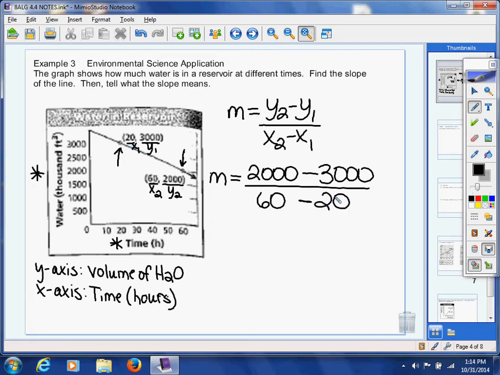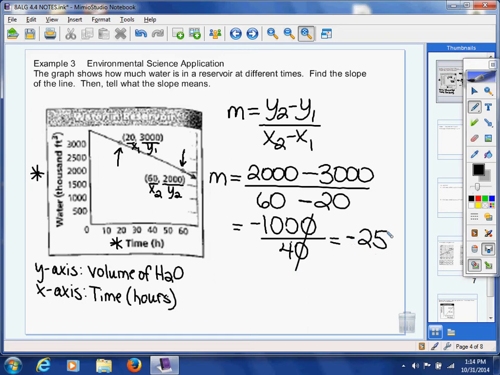Okay, so if you have your calculators handy, use it when you need it, but 2,000 minus 3,000 is negative 1,000. Okay, 60 minus 20 is 40. Now this might not be as easy to do mentally. We lop off those zeros there. What's 100 divided by 4? And if you said 25, you're right.